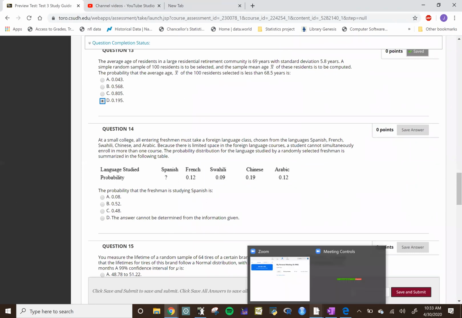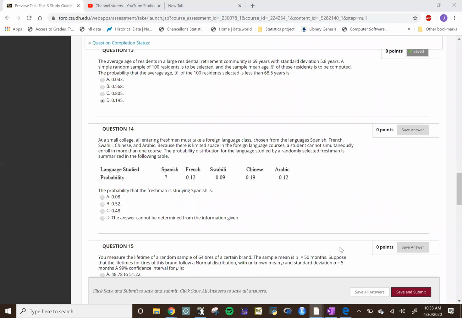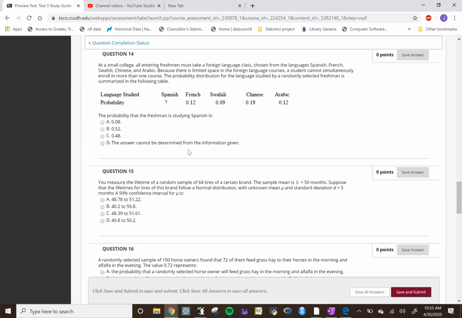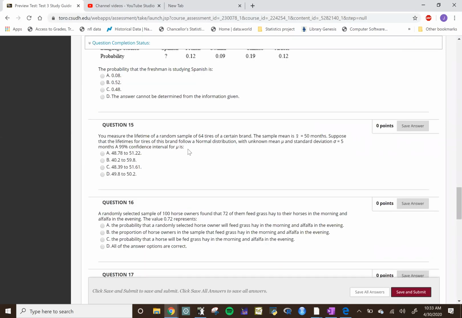All right, let me check the chat to see if we have any new questions. Now, question number 15. It says you measure the lifetime of a random sample of 64 tires of a certain brand. The sample mean X bar is equal to 50 months.